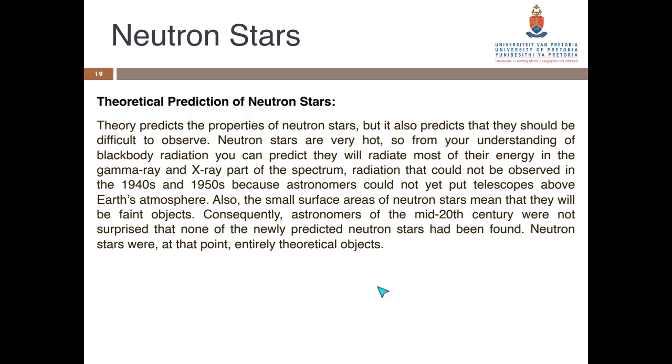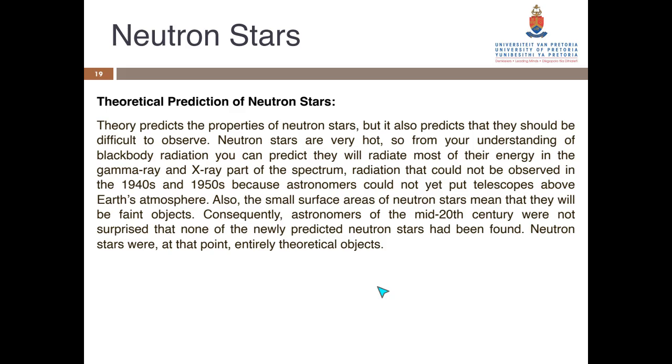Theory predicts these properties of neutron stars, but it also predicts that they should be difficult to observe. Neutron stars are very hot, so from your understanding of black body radiation, you can predict that they will radiate most of their energy in the gamma ray and X-ray part of the spectrum. Radiation that could not be observed in the 1940s and 1950s because astronomers could not yet put telescopes above Earth's atmosphere.